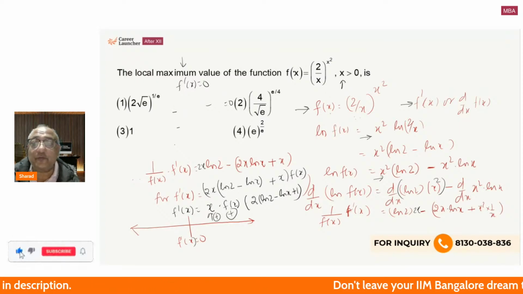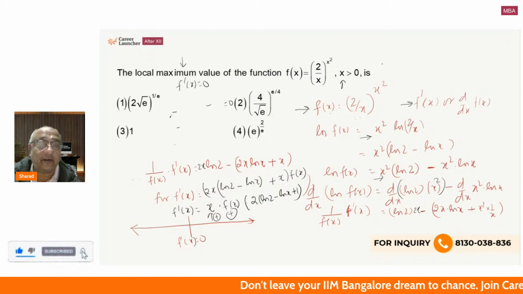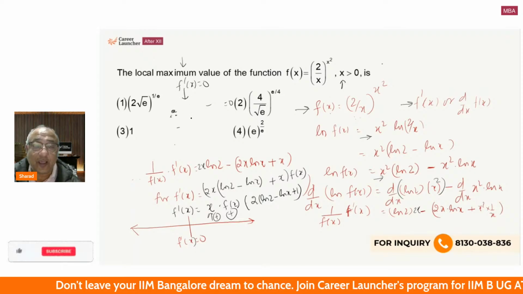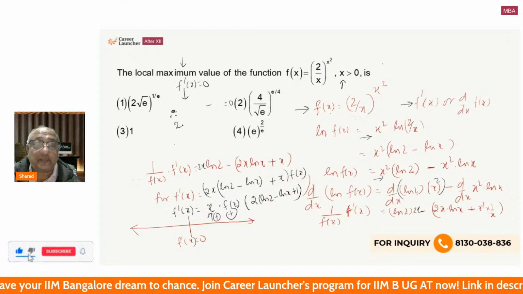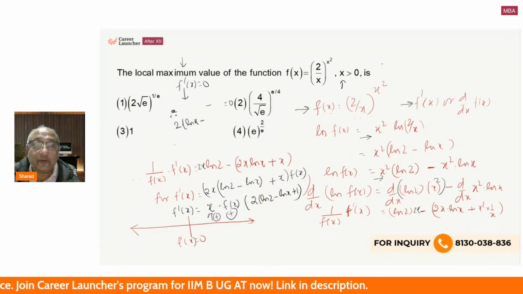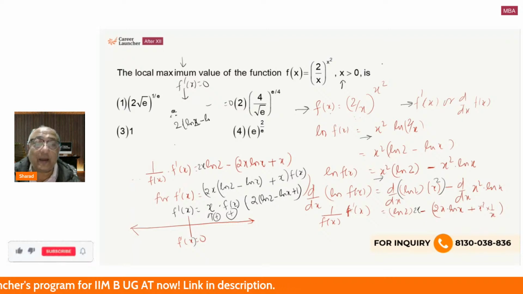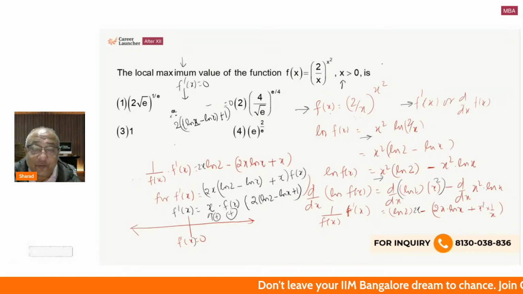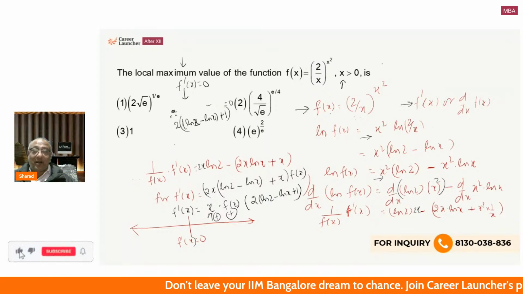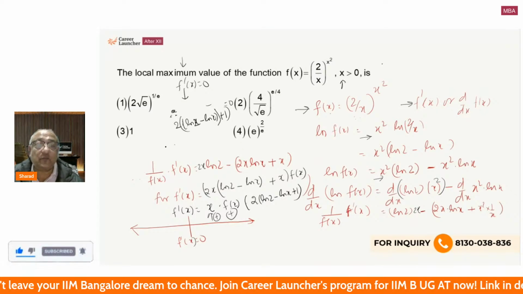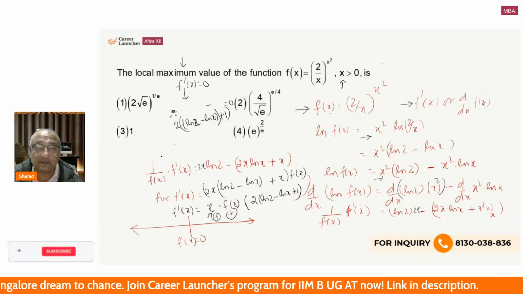So now what do we have? We have here, I'm using this space, f dash x is equal to 0. I will have 2 times ln 2 minus ln x plus 1 equal to 0. Okay, right? 2 times this plus 1 equal to 0.